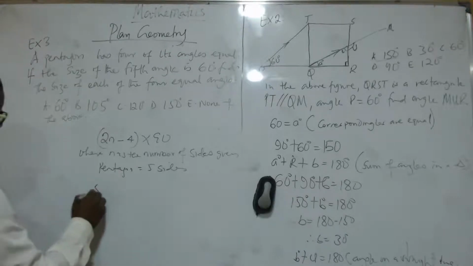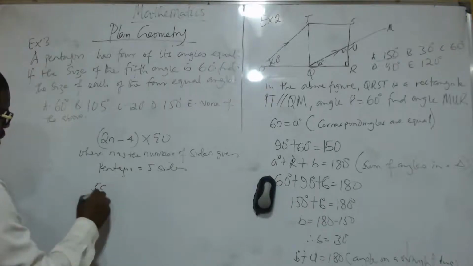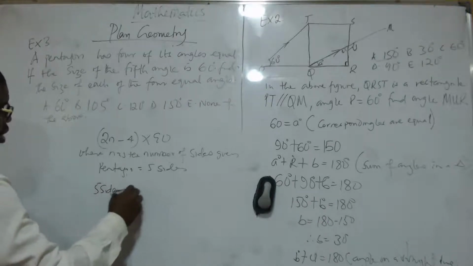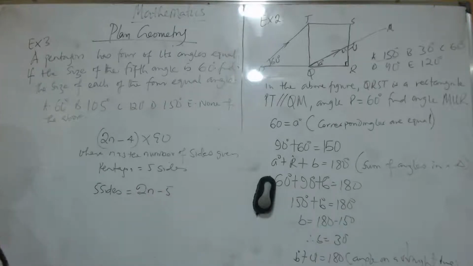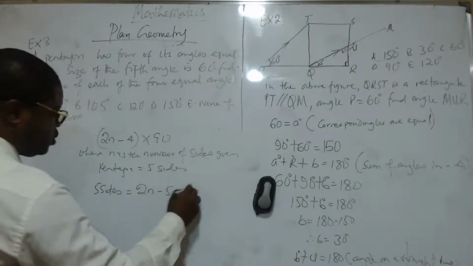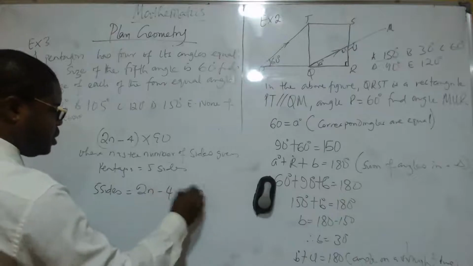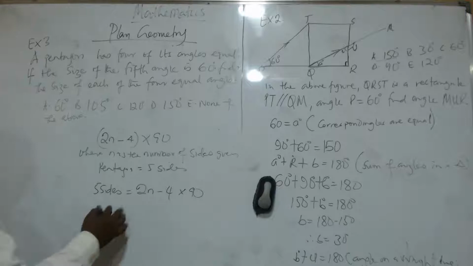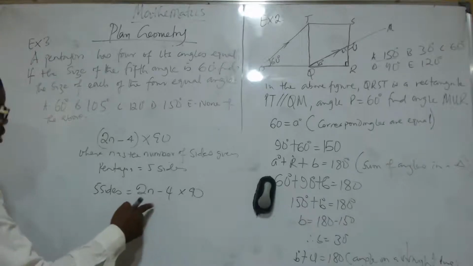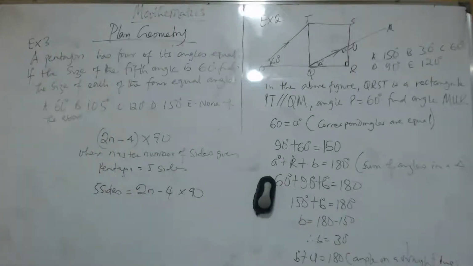So we're going to have 5 sides equals (2n minus 4) times 90, right? If that's the case, one of the angles is given to be 60.